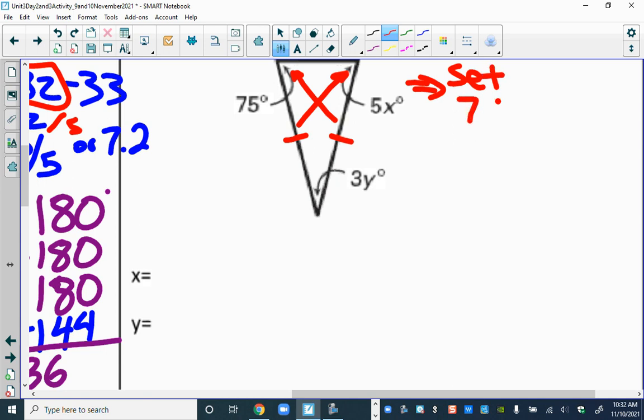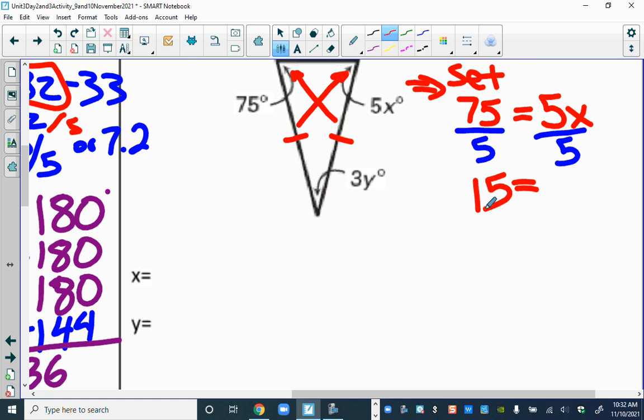So 75 equal to 5x. Okay, one at a time, so x is 15, that's a good start.